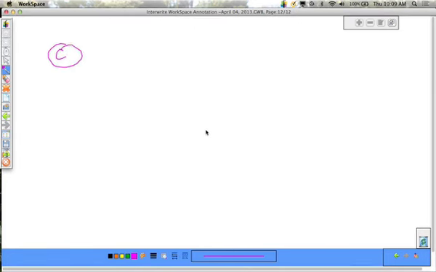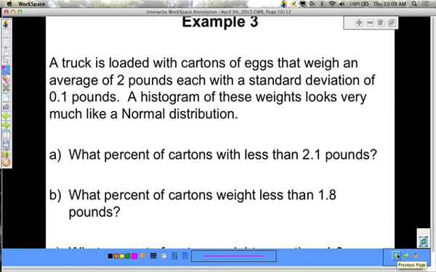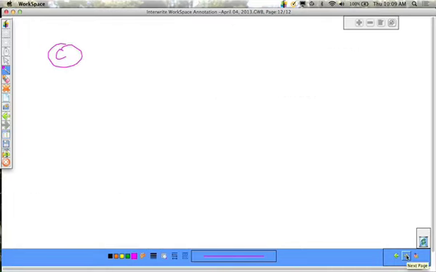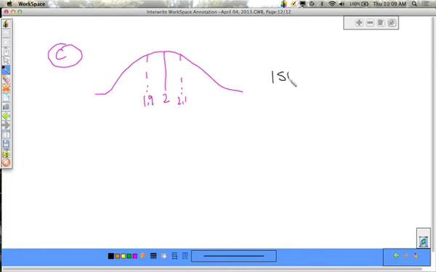And the last one, oh, we can't even see it there. What percent of cartons weighs more than 1.9? Okay. Well, we know that this is 2, 1.9, 2.1, and we have this right here. So we know that this is 1 standard deviation away. So it's 1 standard deviation, which is 68.3% of the data.